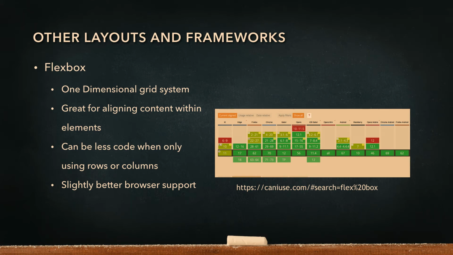Again, as mentioned, Flexbox is a one-dimensional grid system. It's great in its own ways, and it's great for aligning content within certain elements. And it can be less code at times, even less code than CSS grid sometimes. But you know, it really depends.